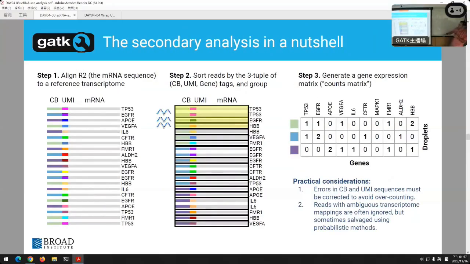For example, here there's only one unique read for TP53 from this cell, so I put 1 in that matrix. And let's find one there. So the ApoE here is 2 unique ones, because they have different UMIs. So you're just putting counts into a matrix. That's what we're doing. We're just counting them. That's all you have to do. It's pretty simple that way.